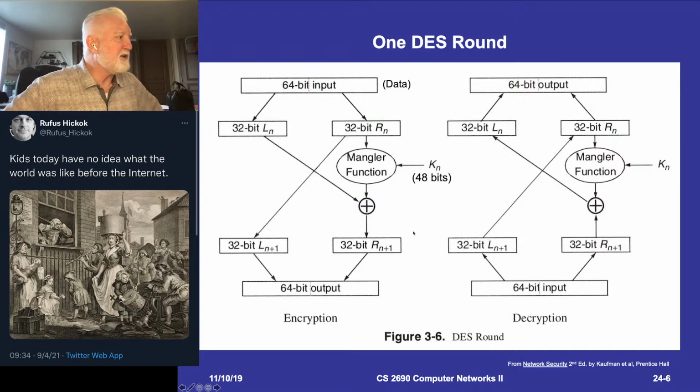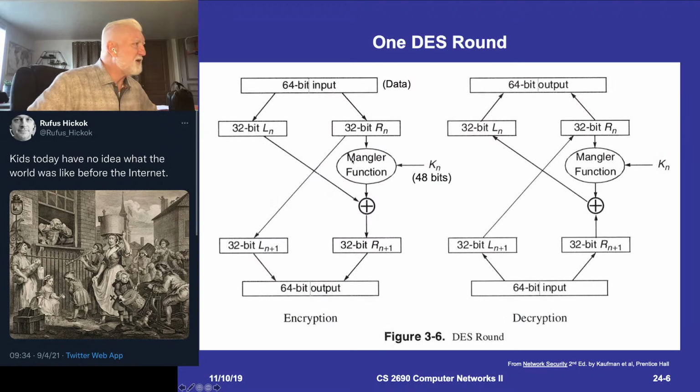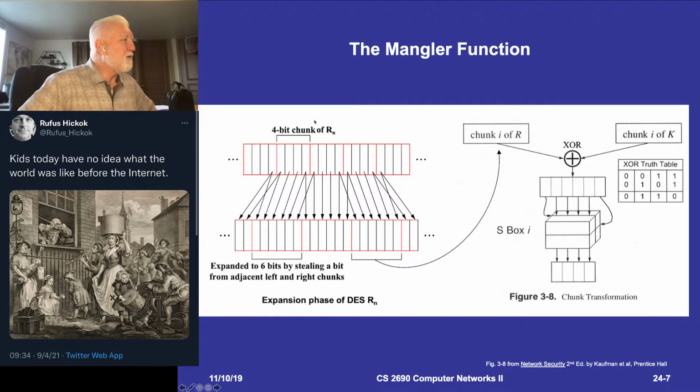Here's the mangler function, which I'm not even going to get into. I'm just going to say that I take 4-bit chunks of R, the right side right there, 32 bits, R_N.